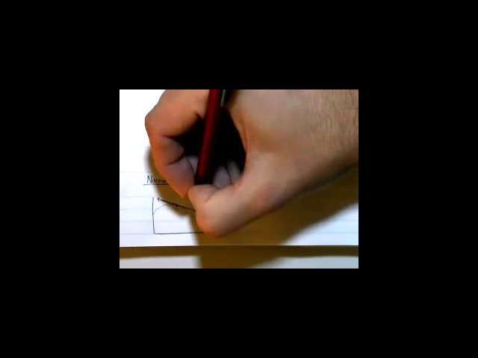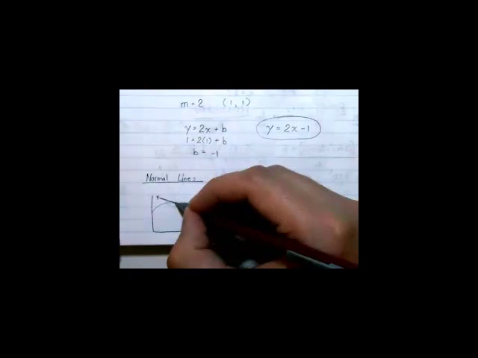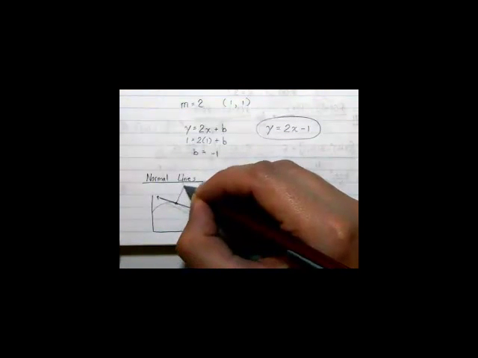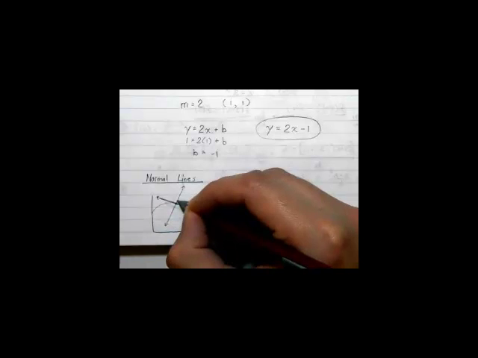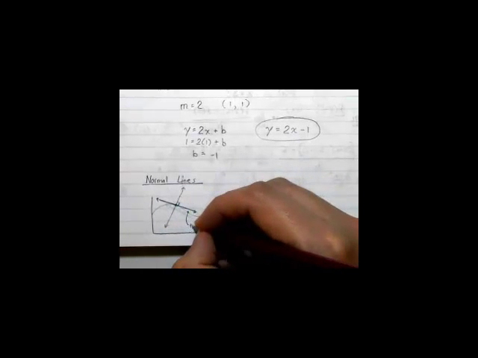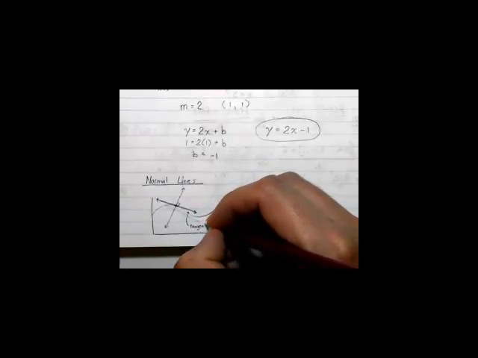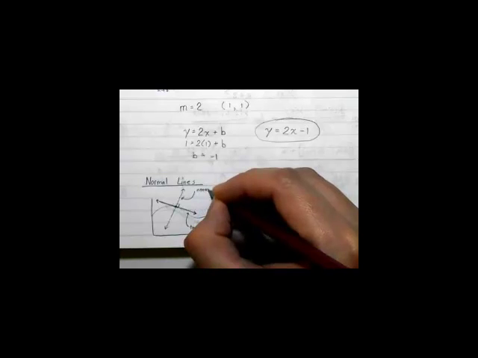And so the normal line would simply be perpendicular to that line through that point. So the normal would go something kind of like this. So this one is the tangent, and this one is the normal.